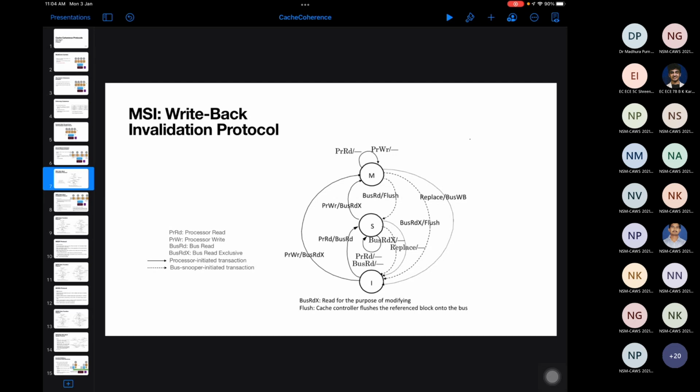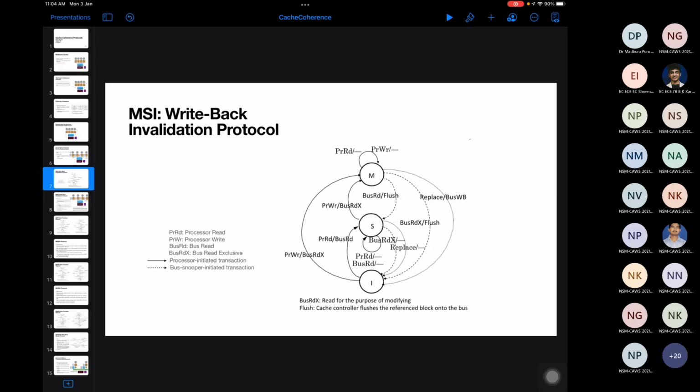In such cases, MSI protocol is not efficient, because when you are first reading, you put the block in the shared state by placing a bus read signal on the bus. Next, when you want to write it, you go from S to M by placing a bus readX signal.